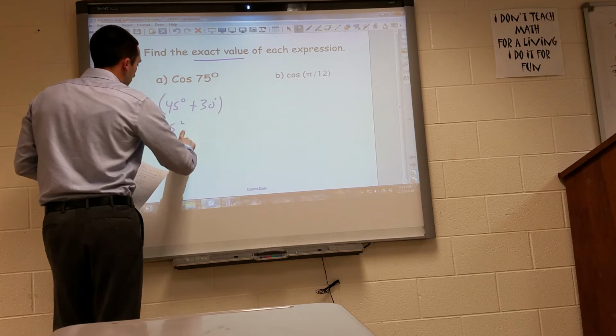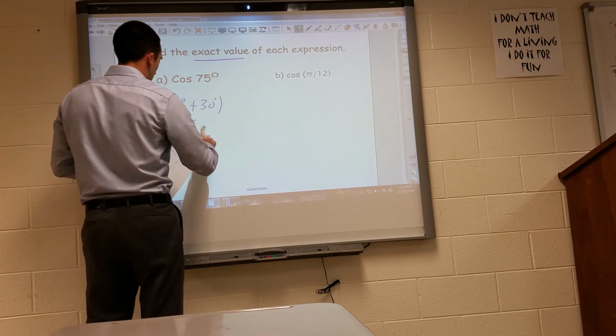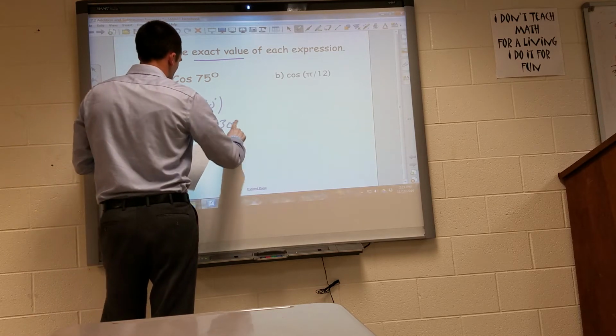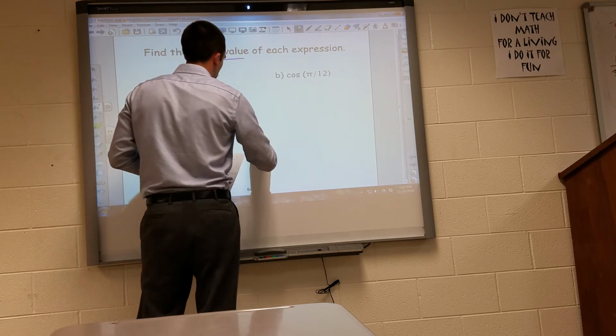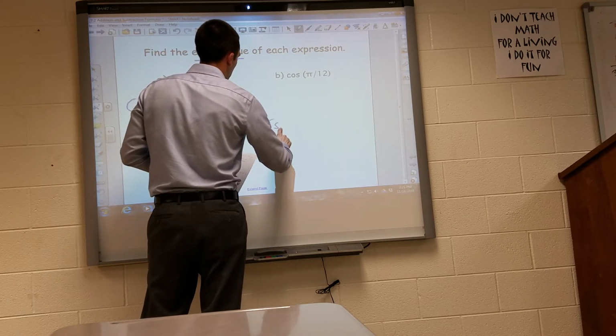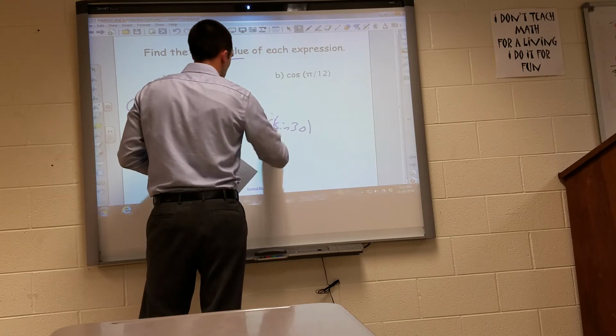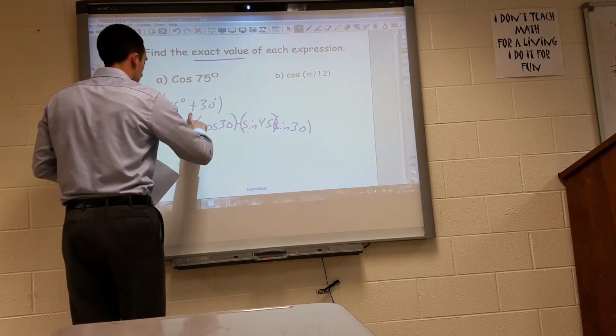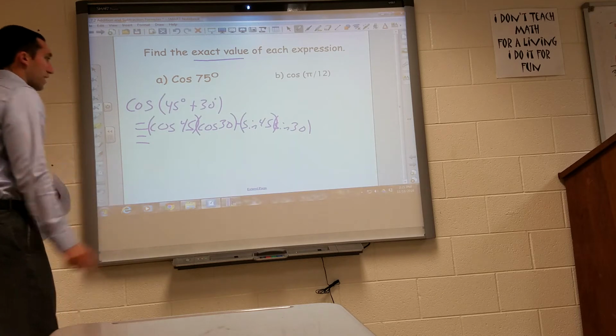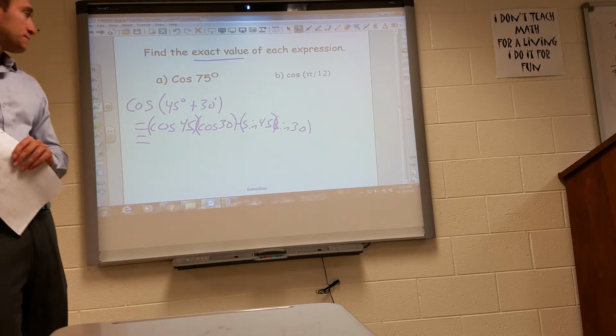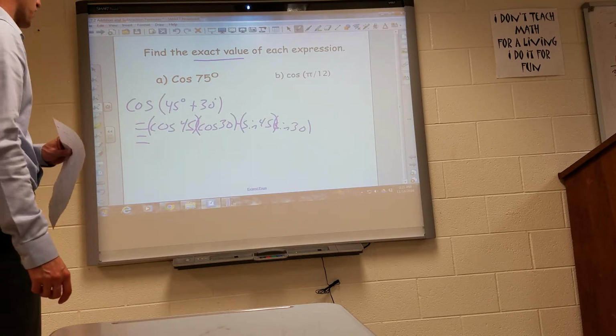So that's cosine 45 times cosine of 30 minus sine 45 times sine of 30. Right, so I'm just multiplying these, and then subtracting those products.